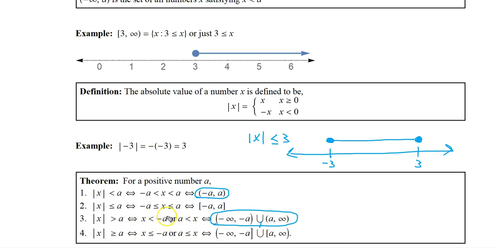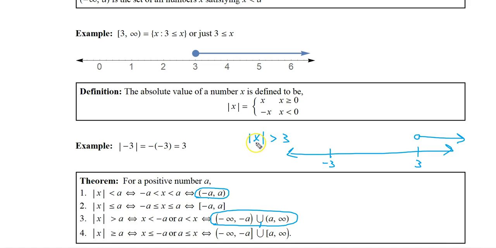So now let's look at this definition up here and see why that makes sense. If I want to look at all the numbers x whose absolute value is bigger than 3, of course that would be numbers like 4, 5, 6, all the way to infinity, so it would be all these numbers. And also -4 would work here.